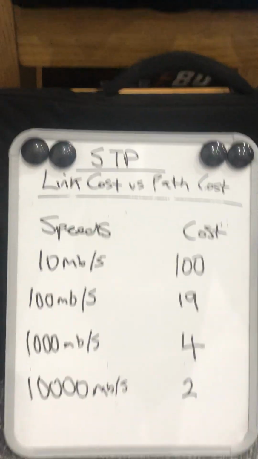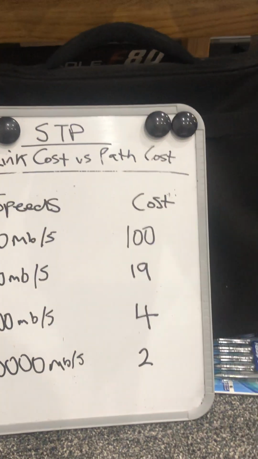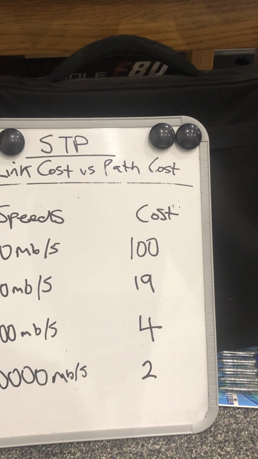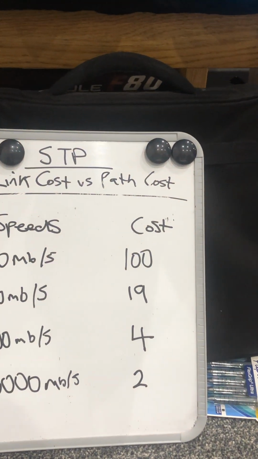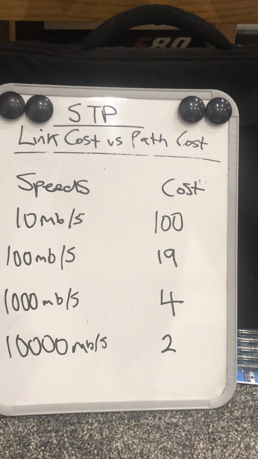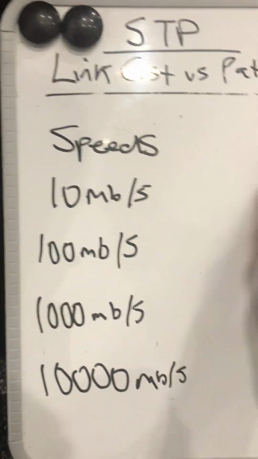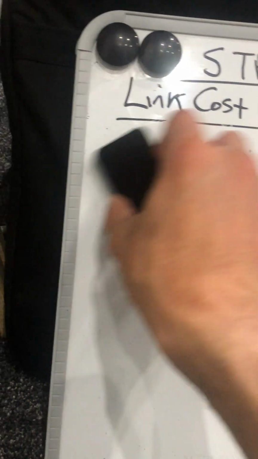So if I were to give an example now of using link costs in order to work out the path cost, these are taken into account when we're trying to cross compare the different costs, because the cost will define which path is the better path.